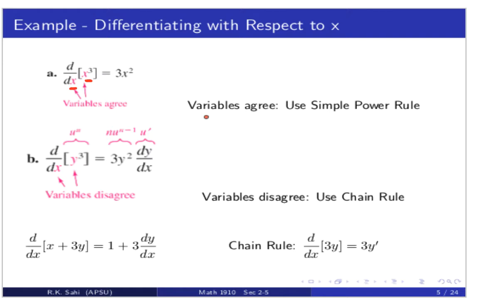Now, let's look at the next problem. Notice the differential is of y cubed, whereas the variable which we're differentiating with respect to is a different variable. So these variables are not agreeing with each other. When the variables don't agree, we are going to apply the chain rule.